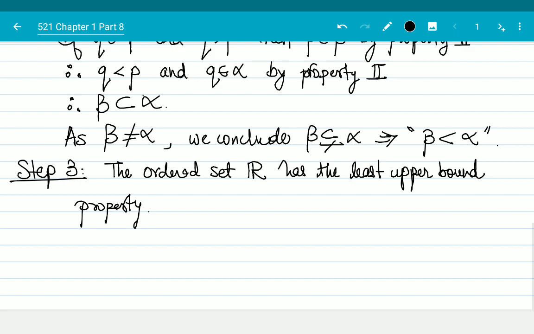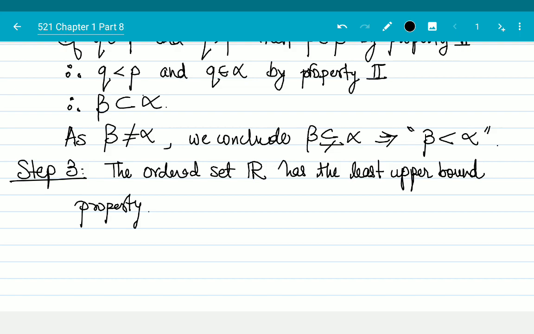Okay, this is something that clearly is not true in rationals. The set I'm looking at contains rationals somehow, we'll show that, and it is actually bigger than rationals. It is a more powerful set. It has the least upper bound property.